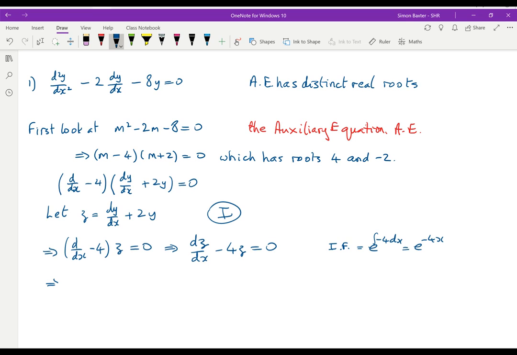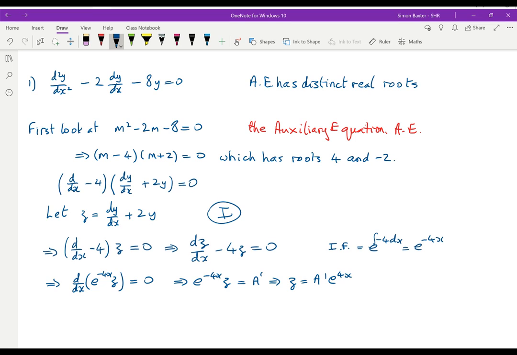Putting that in and missing out a line, we get d by dx of e to the minus 4x z. Just imagine doing that. You get there. That is equal to 0, which gives me e to the minus 4x z is a constant, which I'm going to call a dashed, and therefore z is a dashed e to the 4x.